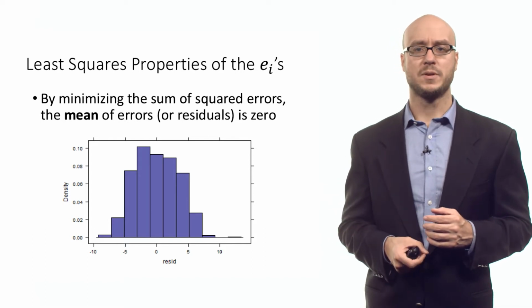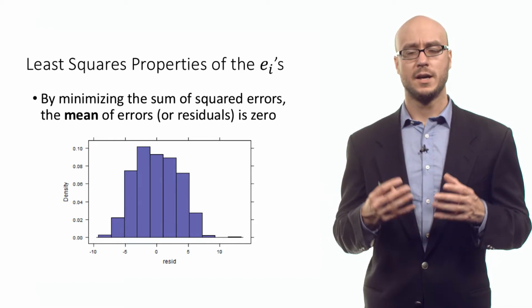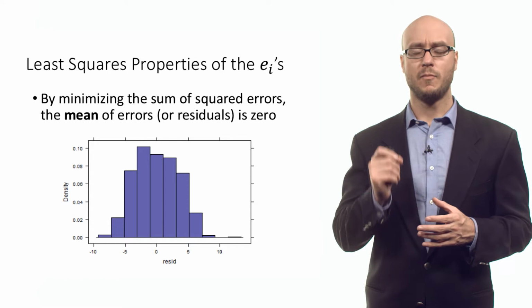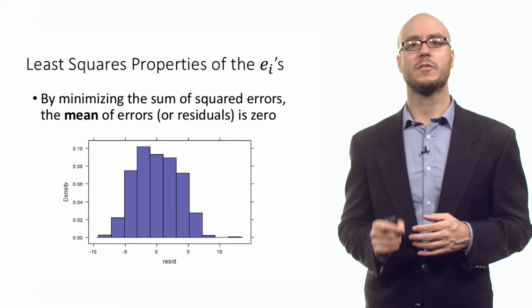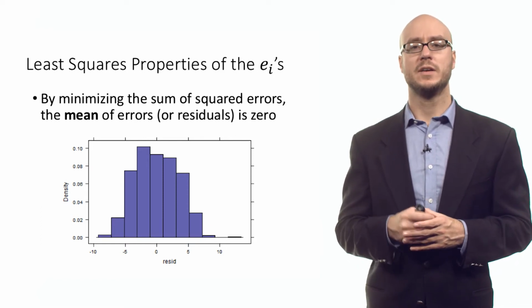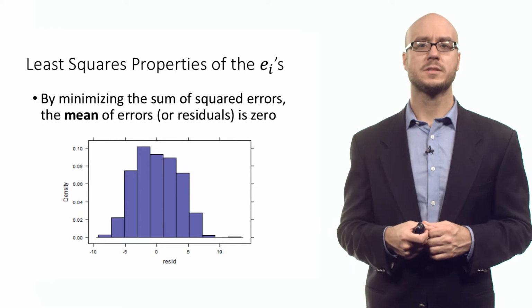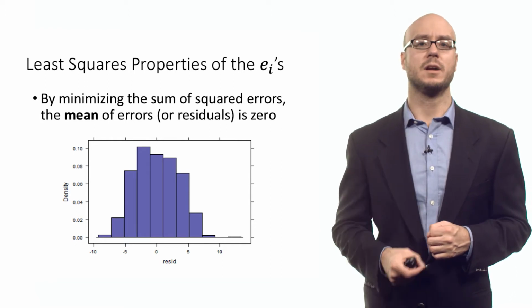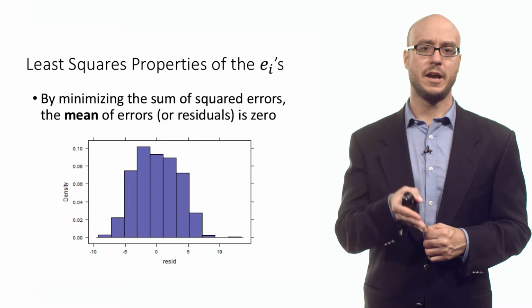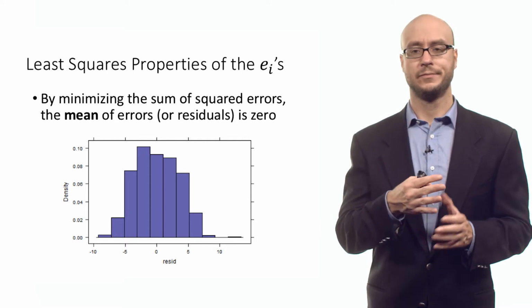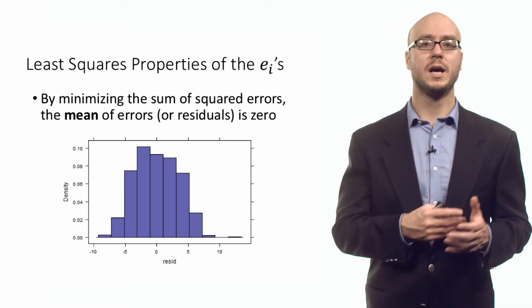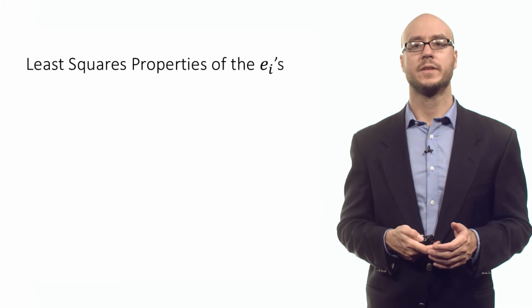One of the least squares properties of the errors, or the residuals, as a consequence of minimizing the sum of squared errors, is that if you take the average or mean of the errors, that is 0. They're equally likely to be above and below this value of 0.